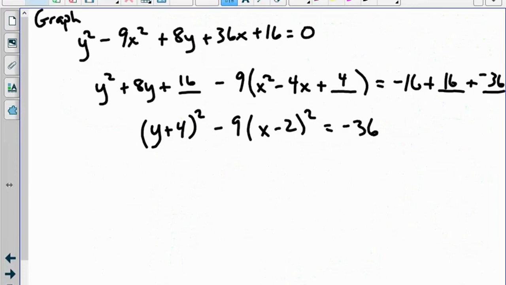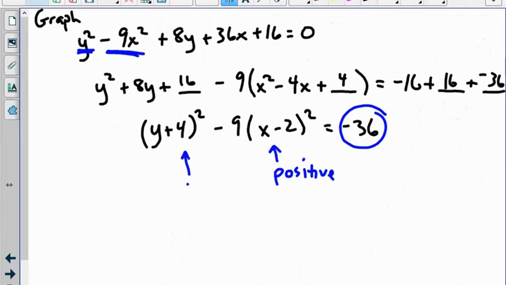Originally, this problem looked like we had a positive y squared and a negative x squared. But if you're careful, you notice that we have a negative 36 over here. And I want to get this to equal 1, so I'm going to divide everything by negative 36. Well, what's going to happen? When I divide everything by negative 36, this is actually going to end up being positive, and this is actually going to end up being negative.